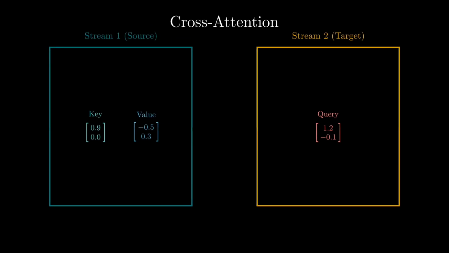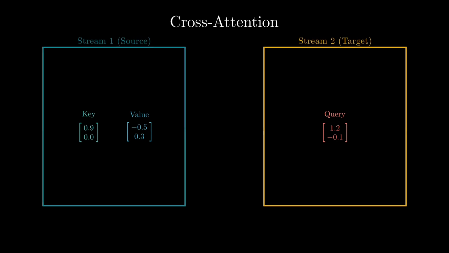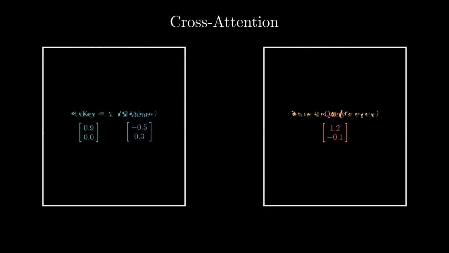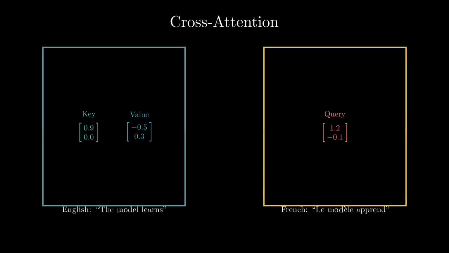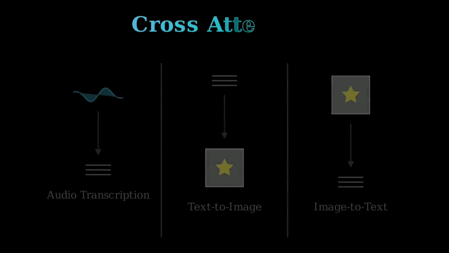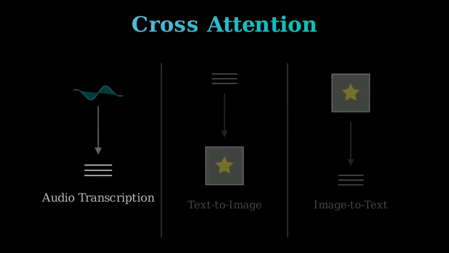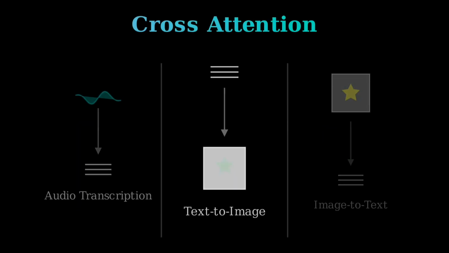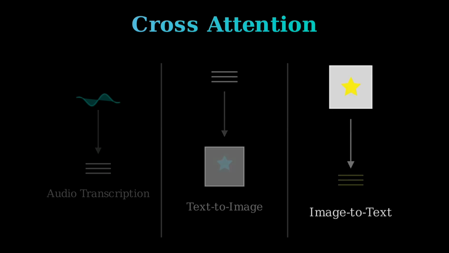Instead of a sequence attending to itself, one representation attends to an external one. A classic example is machine translation. The source sentence produces the keys and the values, and the target language produces the queries. The same mechanism appears in many other settings: audio transcription, text-to-image models, image-to-text systems, and more.